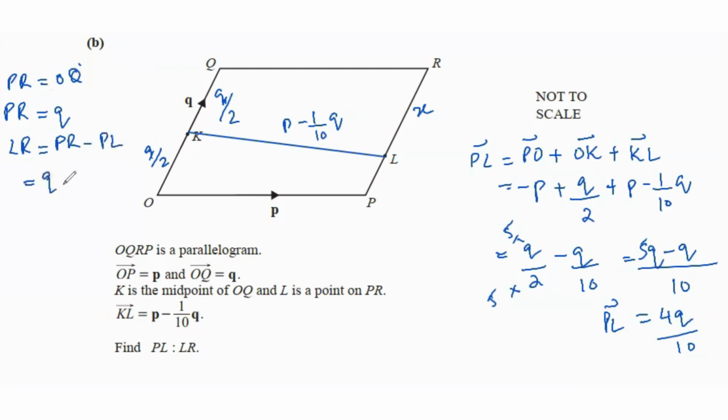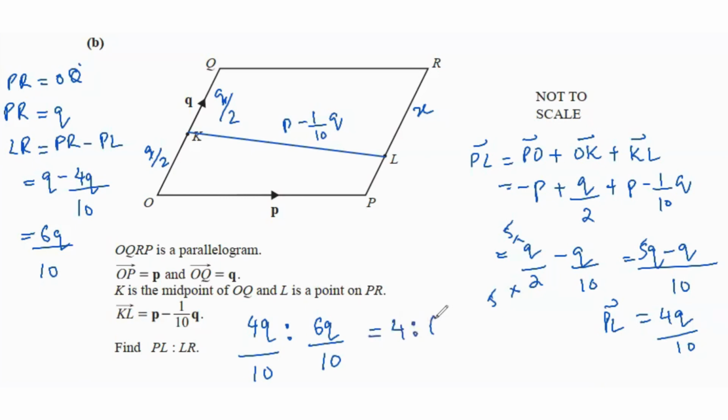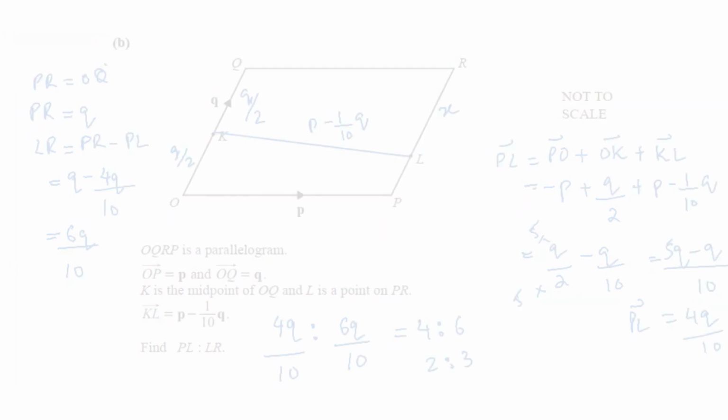So that's going to be Q minus 4Q over 10, which is 6Q over 10. So if we make the ratio, PL is 4Q over 10 and LR is 6Q over 10. That's going to leave us with 4:6, which can be written as 2:3. That is the answer.